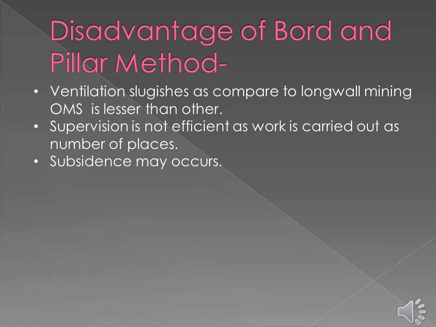Suppose in a shift 24 workers are working, including managers, foremen, and laborers. The OMS is the production divided by the number of persons in a shift.